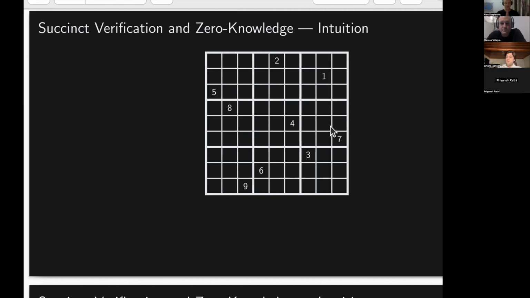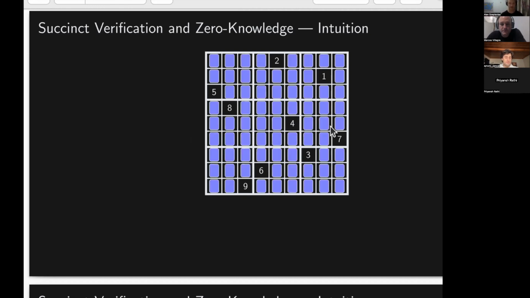And so I want to prove to you that I have a solution to this particular Sudoku. And here's what I can do. I can draw the numbers on cards and put the cards in their right location face down. That gives this picture. And you, as the verifier, you get to select one row, one column, or one block. And then you collect those cards.